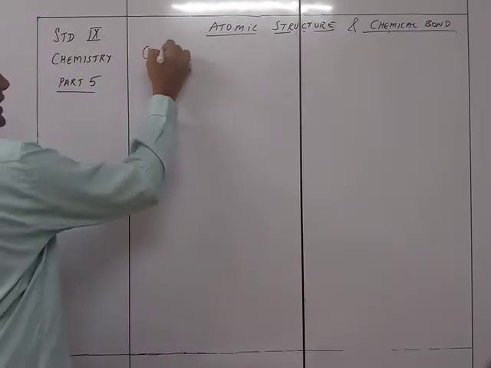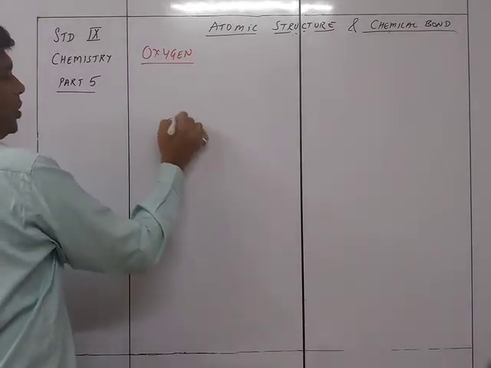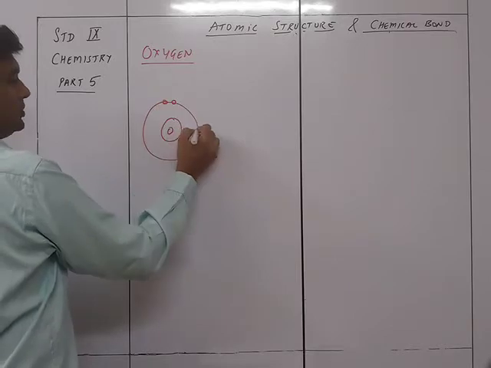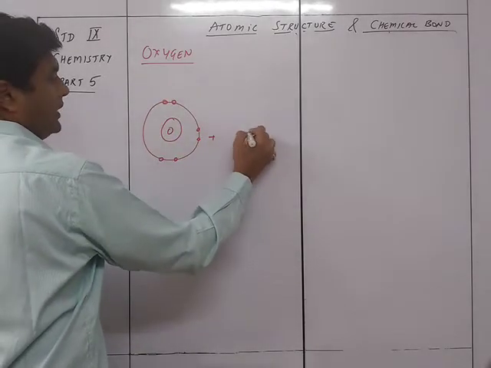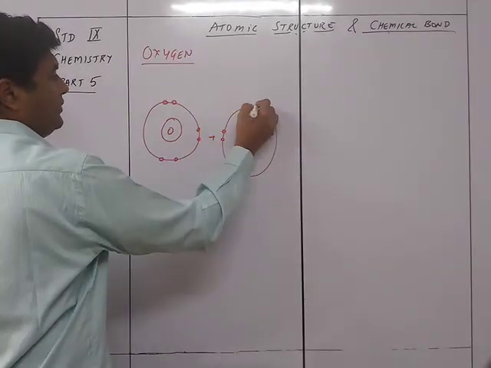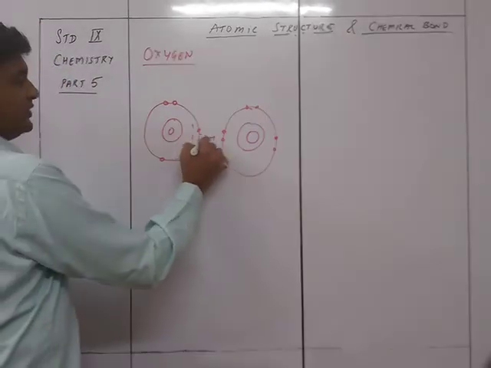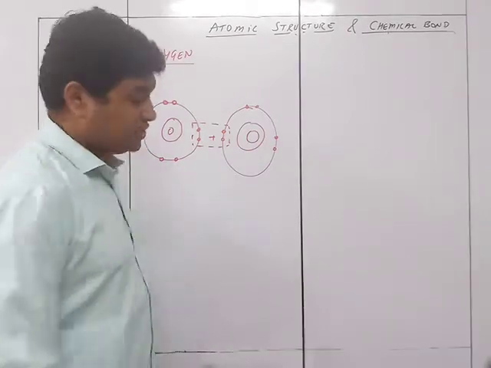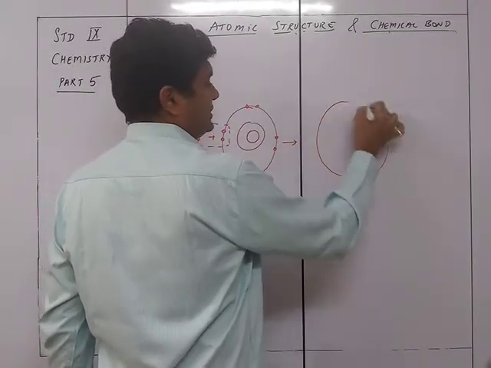So in the case of oxygen, it will be this way: O is here and the outermost shell has got 1, 2, 3, 4, 5, 6, plus another O which has got another 6. These are the ones which are going to be shared, so it is going to form a structure like this.